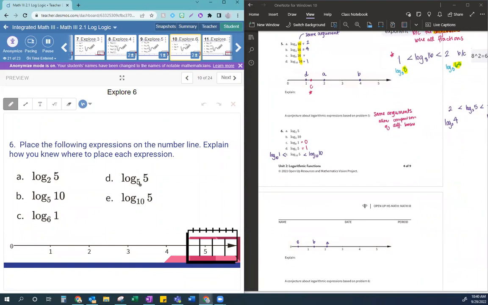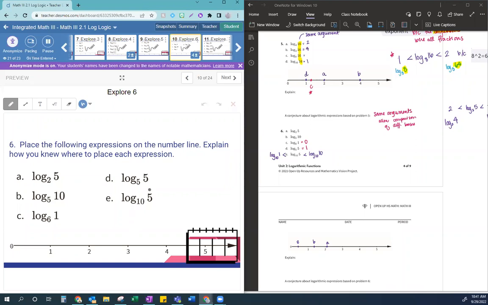This was a 1, right? This was easy because this is a 0. But then here, 10 is not a power of 5. 5 to a natural number is not going to give me 10. So notice here for these ones, they were all in betweenies, right? In between 1 and 2, in between 2 and 3, so on and so forth.